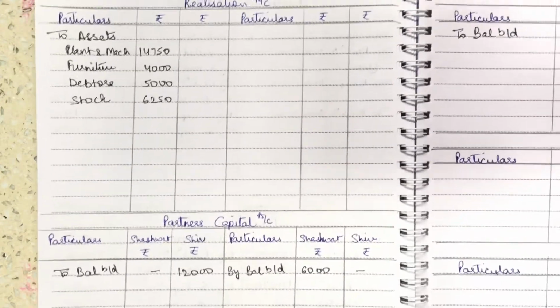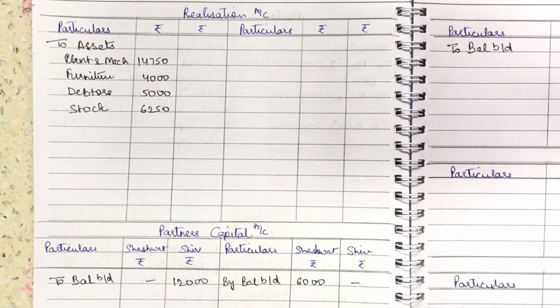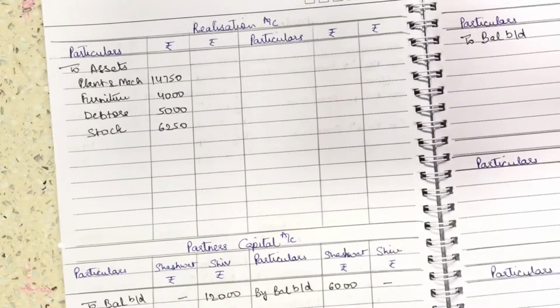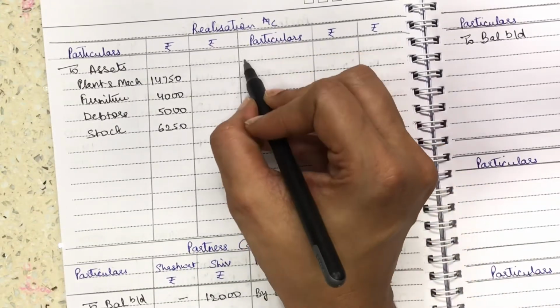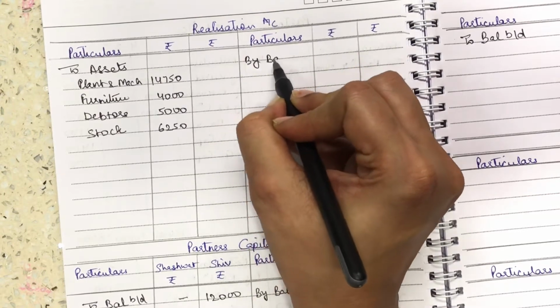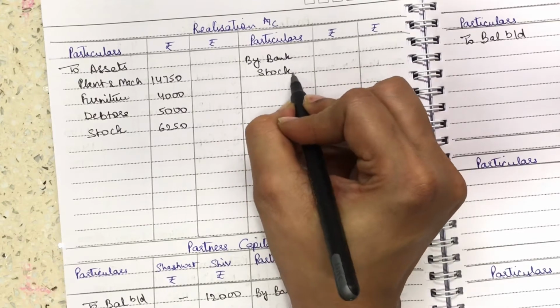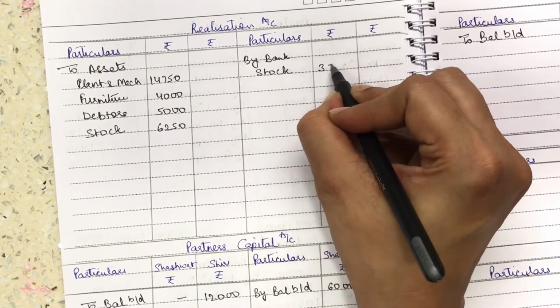Okay, so now all my balance sheet items are done. Now let's move on to the adjustments. All the partners were declared bankrupt. The assets realized as under. So here you will write by bank, stock is realized as 3,500.